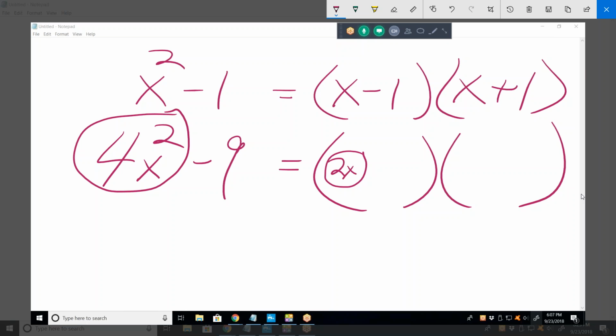Notice that 2x times 2x is 4x squared. Minus what? Huh? Second term? You got it. That's difference of perfect squares in a nutshell.